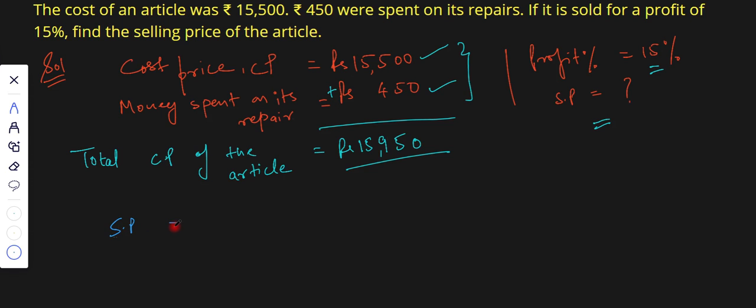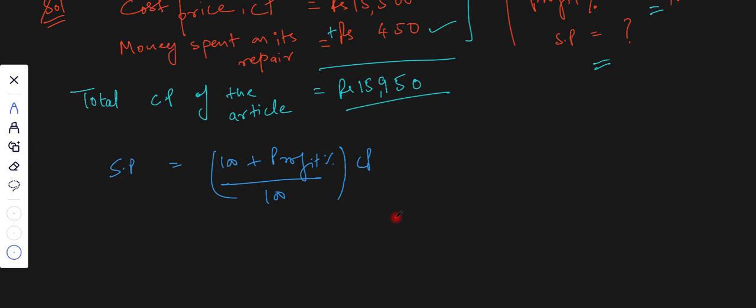SP is equals to 100 plus profit percent divided by 100 multiply by CP of that article. Now CP is 15,950.